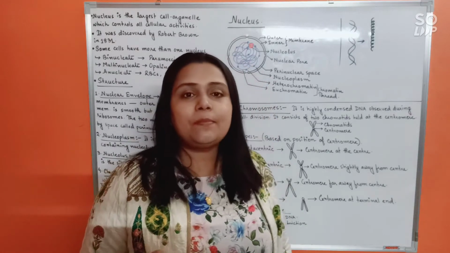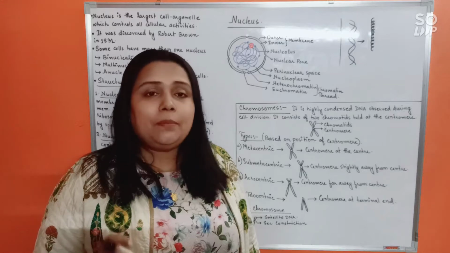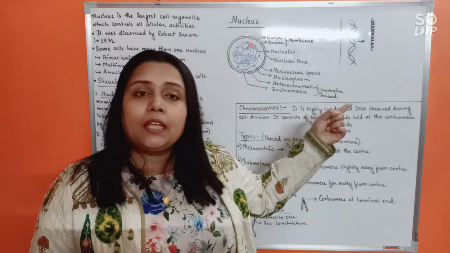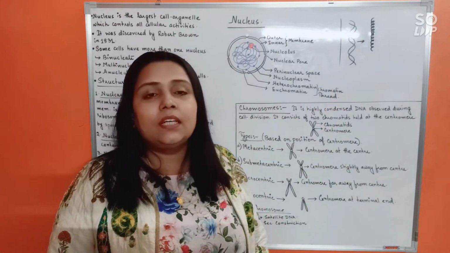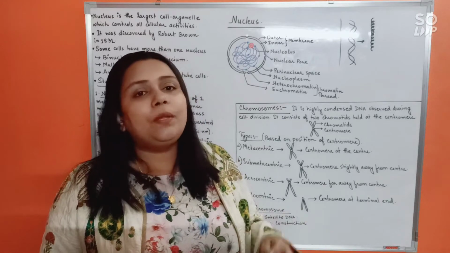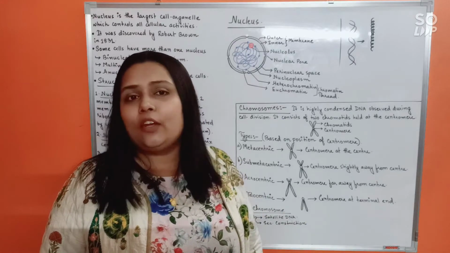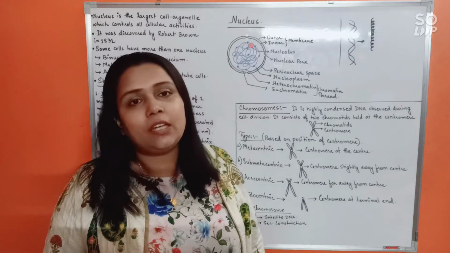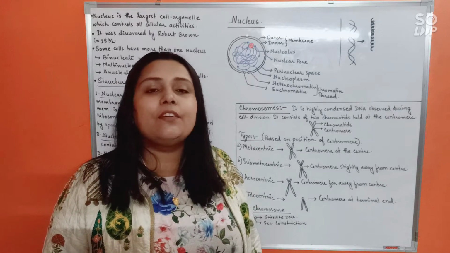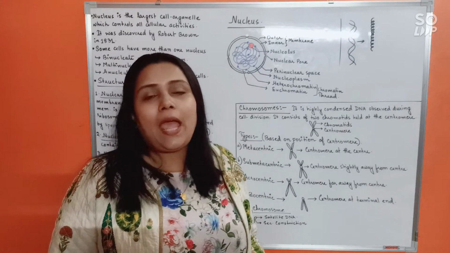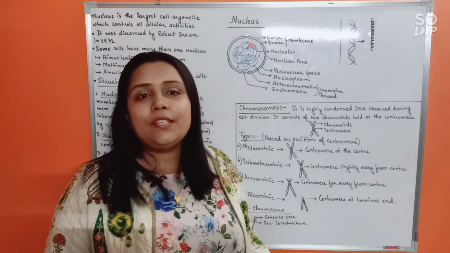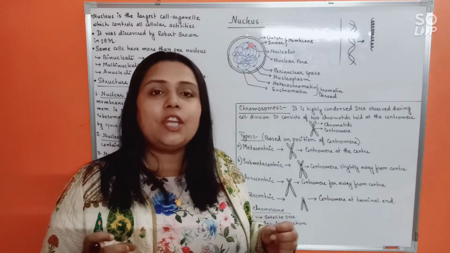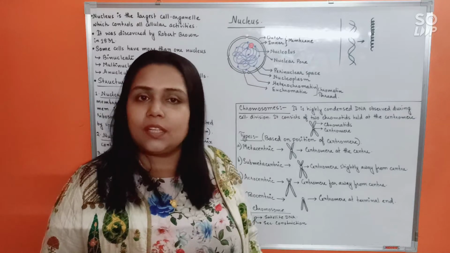Understood this much? The problem is, if the DNA is very tightly packed, it cannot open up easily, and then it cannot provide the codes to make a protein. In that case, the functioning of the DNA itself is stopped.